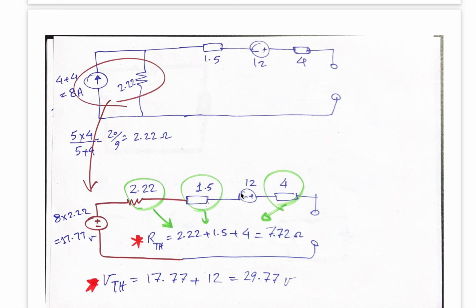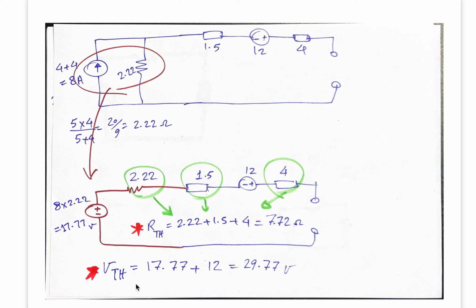And the voltage sources, if we look at the polarities of the 2 sources or 2 batteries, they are the same. Both of them are injecting current clockwise. So we can replace these two with a single source whose voltage equals the sum of these two: 17.77 plus 12.